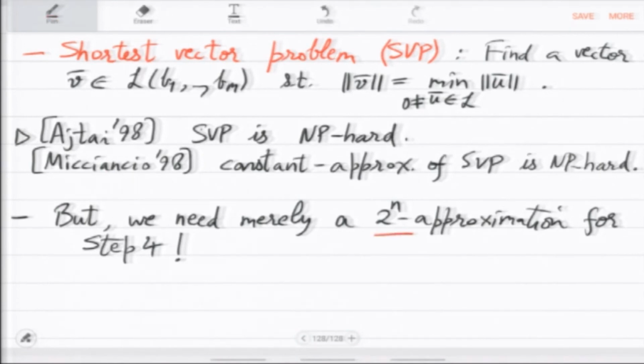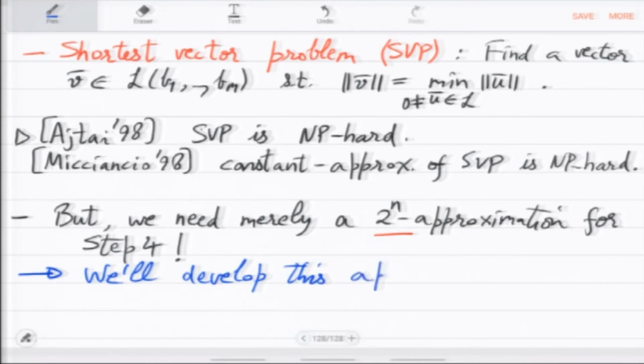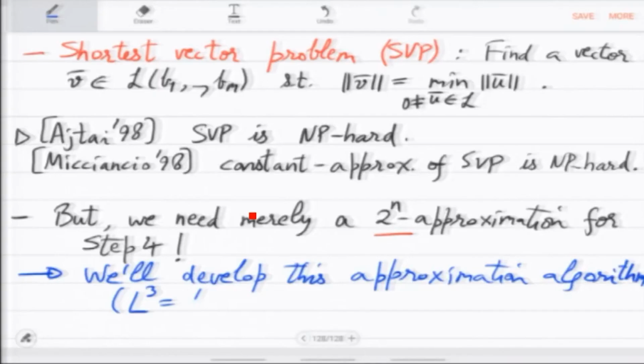Okay, so we'll develop this approximation algorithm. This was first done by LLL: Lenstra, Lenstra, Lovász.